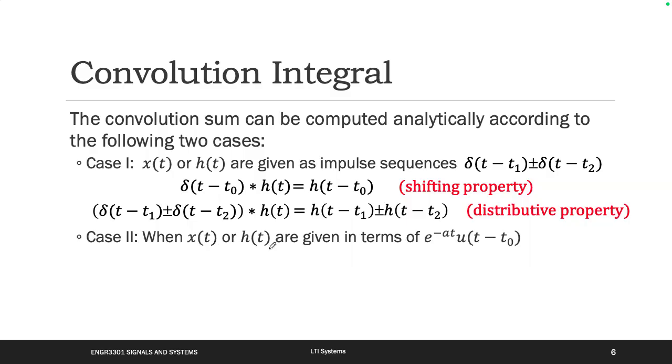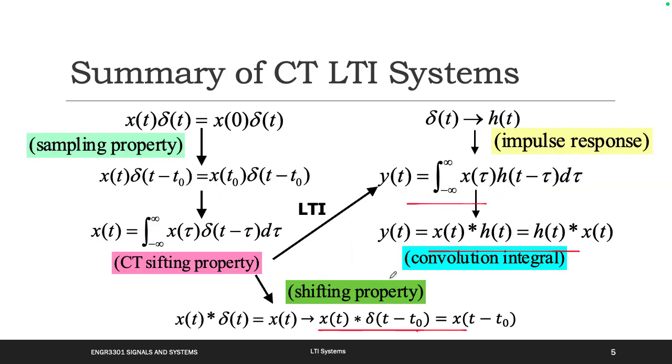Case 2 is when x(t) or h(t) are given in terms of this form, and then we can use this equation. Why do we use this equation? Because from the definition, your output should have this form, am I right?